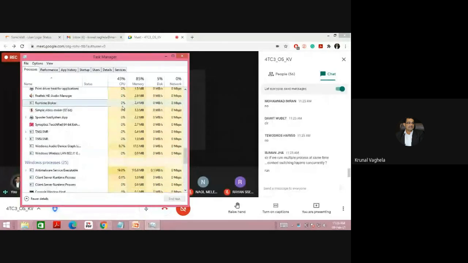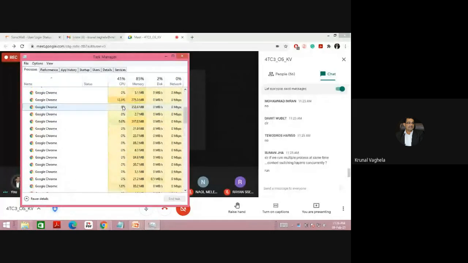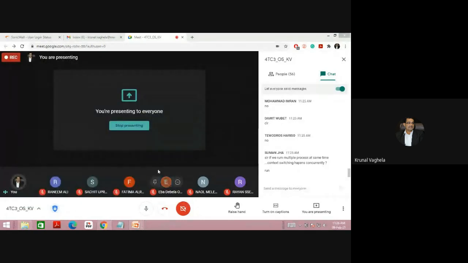All are using the CPU. But the switching is happening so fast that as a user, I can assume that only my process is running. But there are many processes running concurrently, and the processor is switching from one process to another very fast.